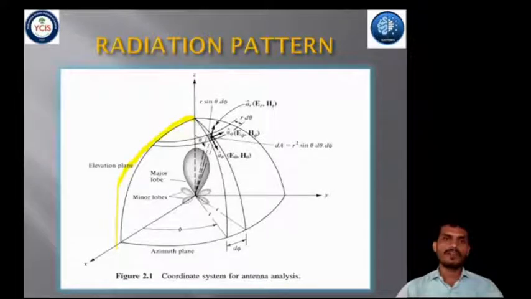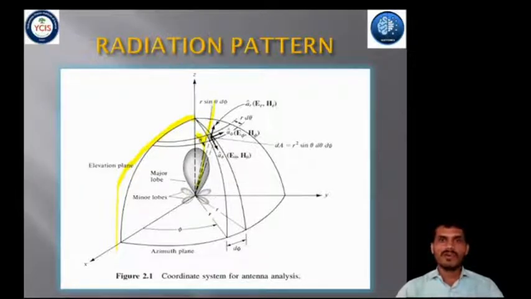The plane between x and z is known as the elevation plane, and the angle is theta, which is generated between the direction of propagation, that is the z coordinate, and r sin theta. This is your theta angle.